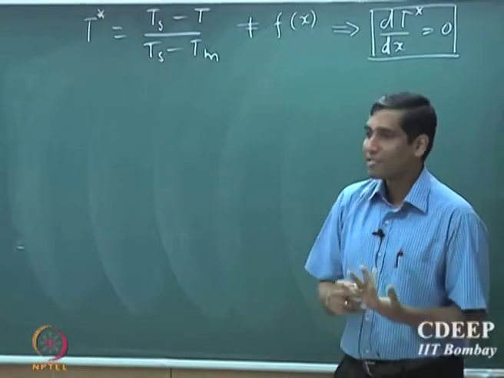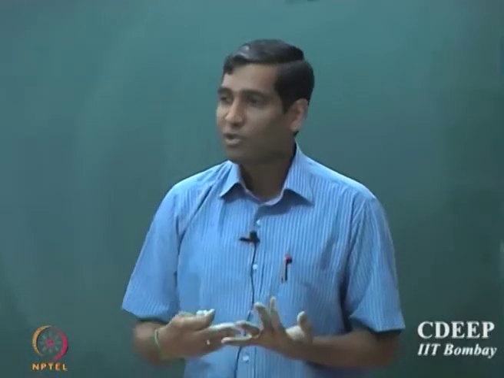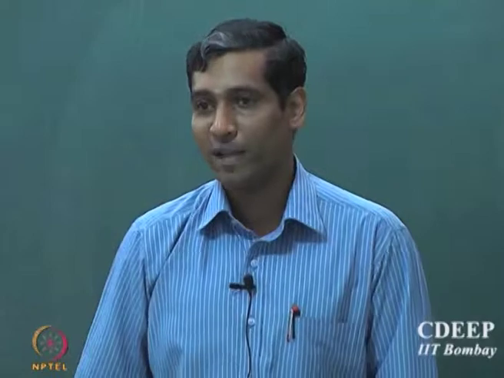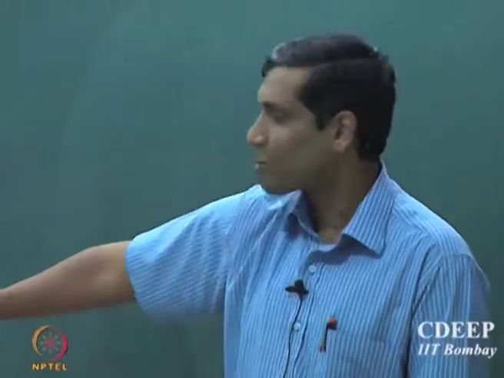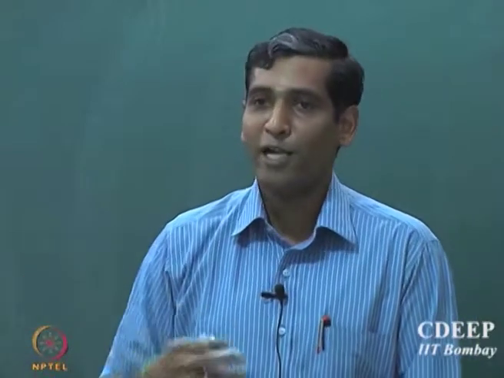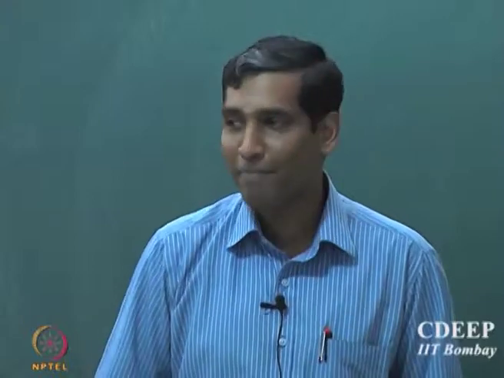In fact, the definitions that we have used all through this course use a certain form for non-dimensionalizing temperature, and that really comes from this idea that using such a dimensionless quantity for temperature helps in understanding the problem better and gives much better insights.